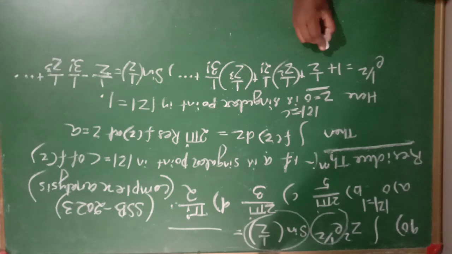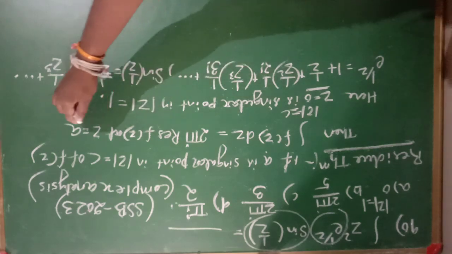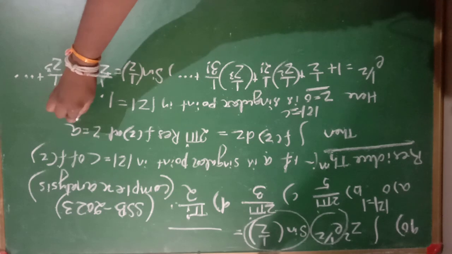Now we have to find the residue of f of z at z equals a. What is a? a equals 0.